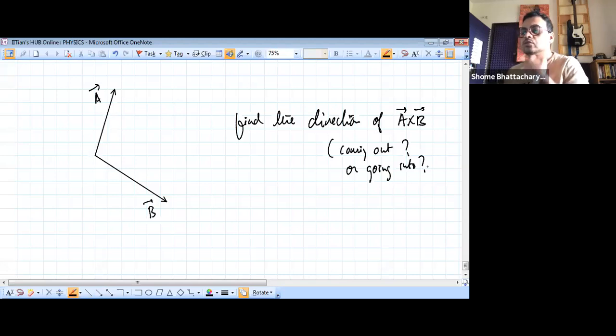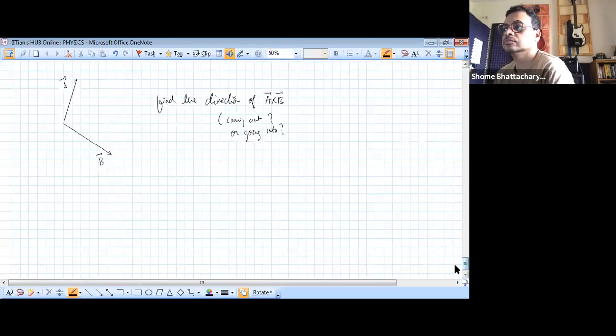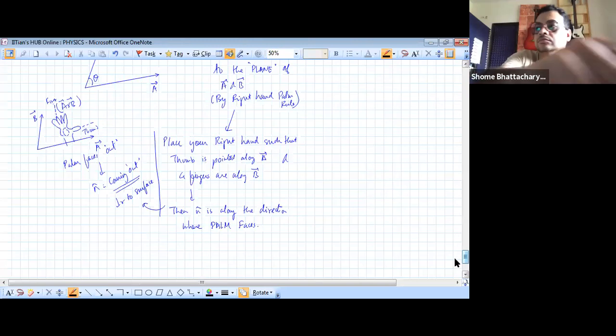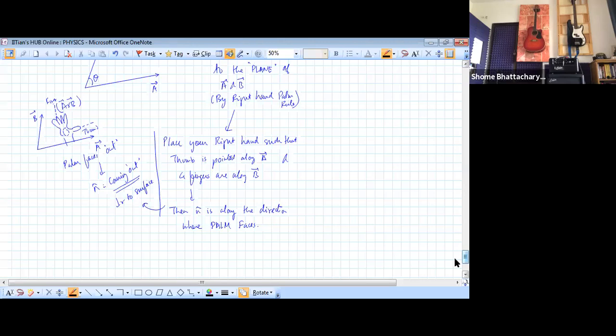It is perpendicularly going into the plane. So just use this principle over here.